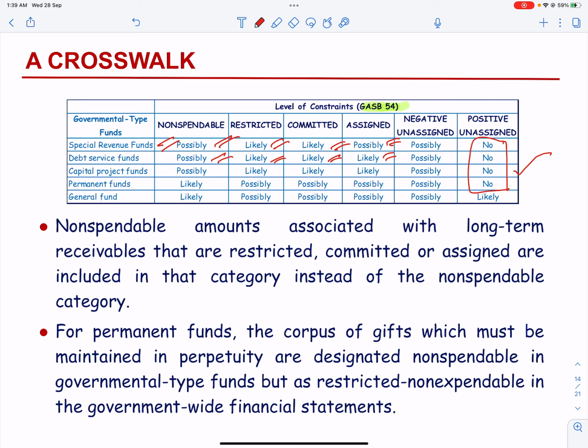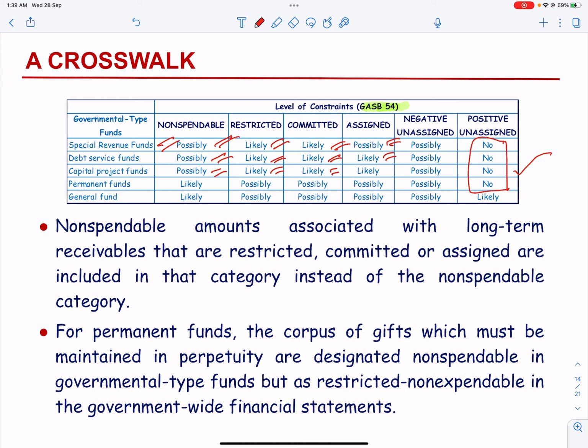Capital project fund could be non-spendable, but definitely they are restricted and committed fund balances and are not assigned. For example, the government is building something and they want to have a fund for that project specifically.